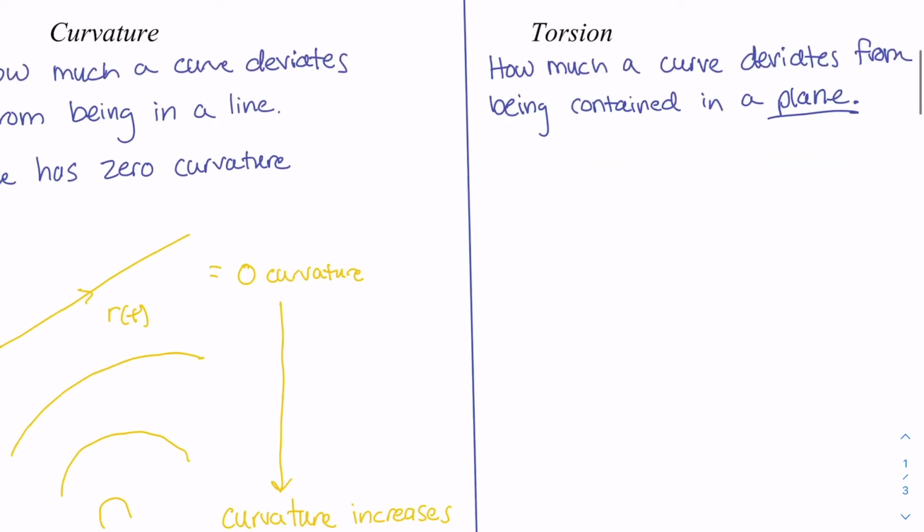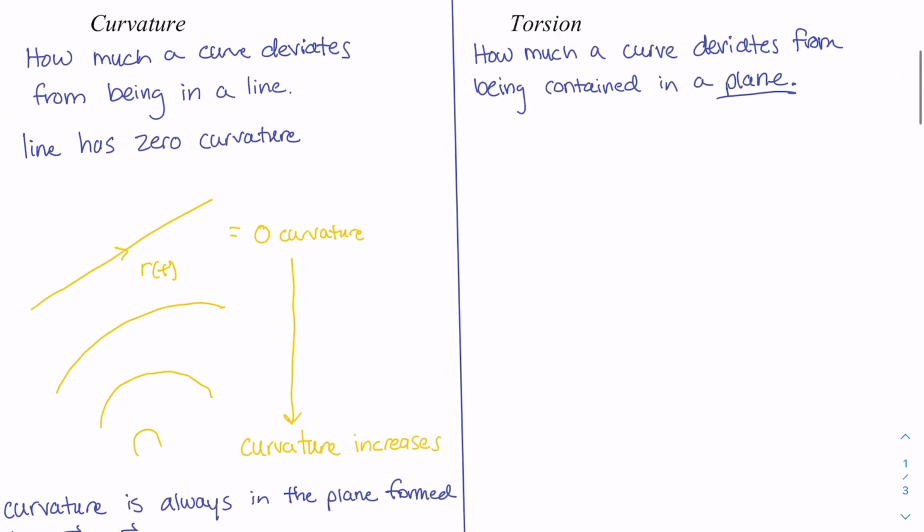So if our curve, R of t, lies in a plane across this entire domain, then the entire curve has 0 torsion. So it's how much a curve is trying to jump out of a plane.